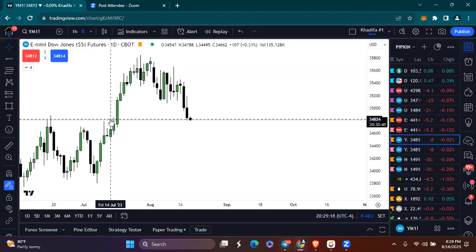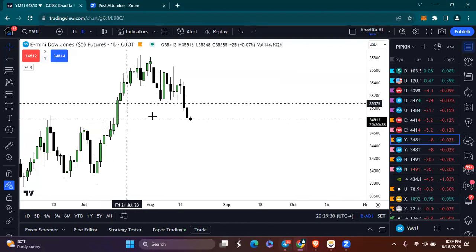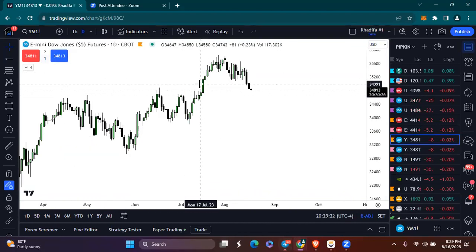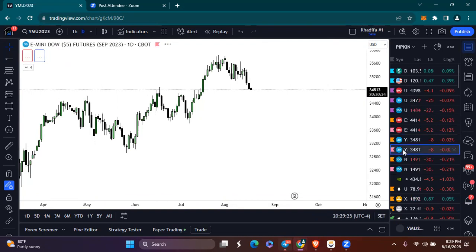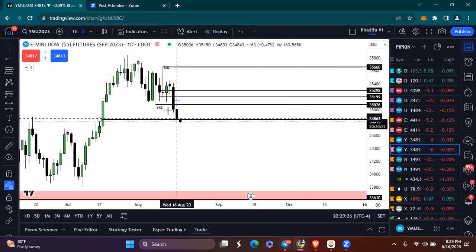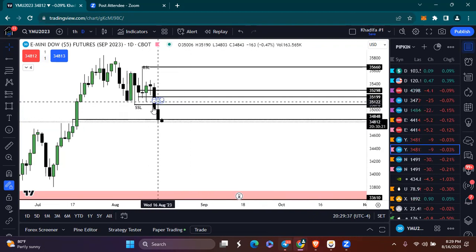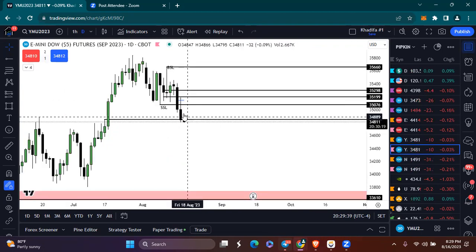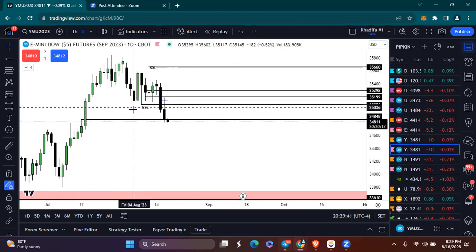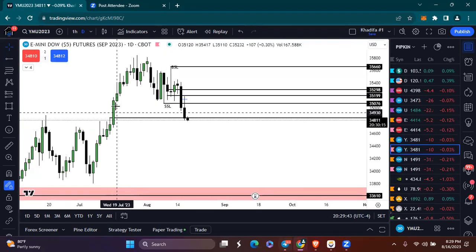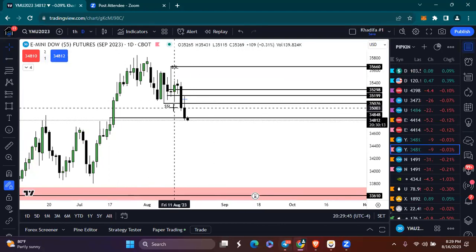Seeing the fall down into this level was expected, right? Sorry, I was on the continuous contract, not 17. My bad, but it's still the same thing. I was expecting price to fall down into this level.